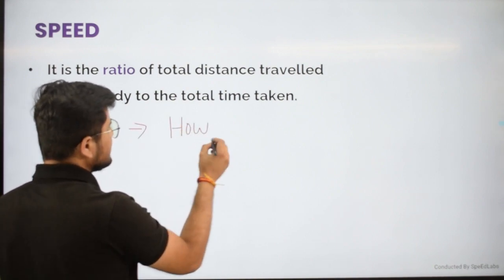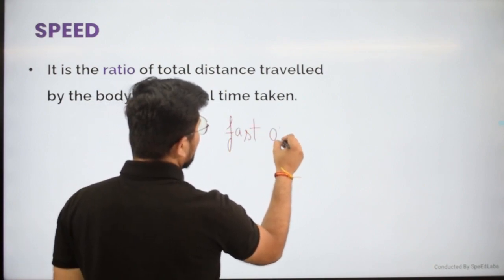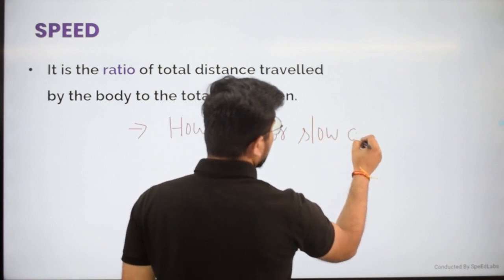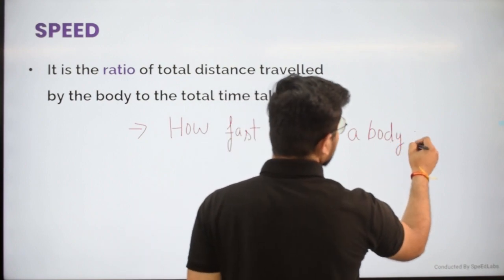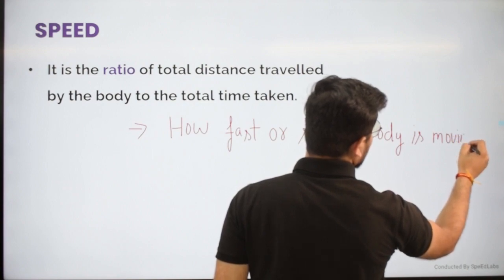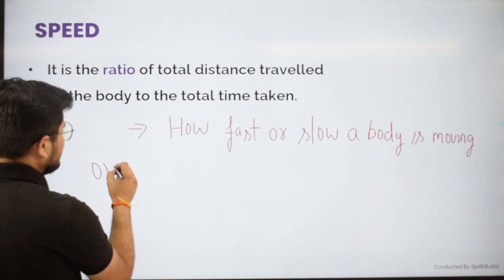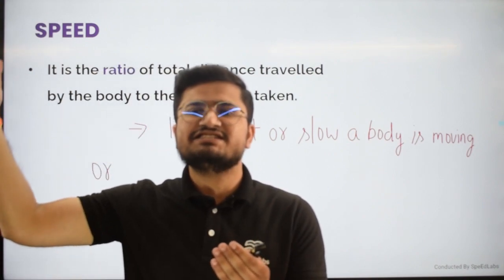Speed tells us how fast or slow a body is moving, or at which rate one should move in order to reach his or her destination.